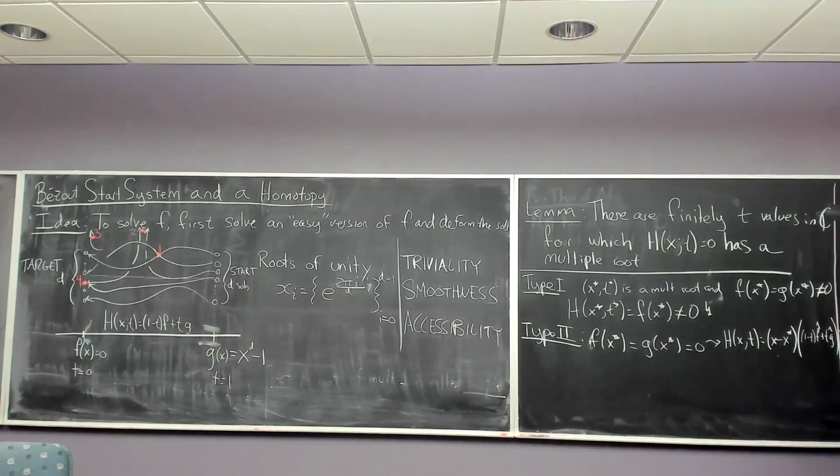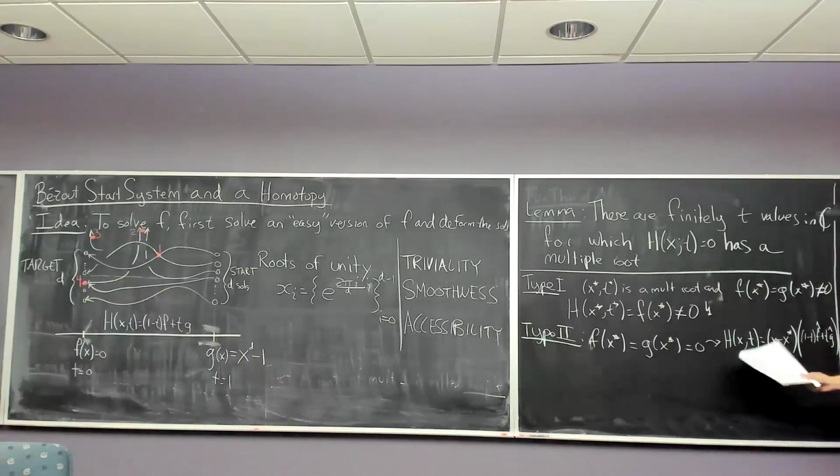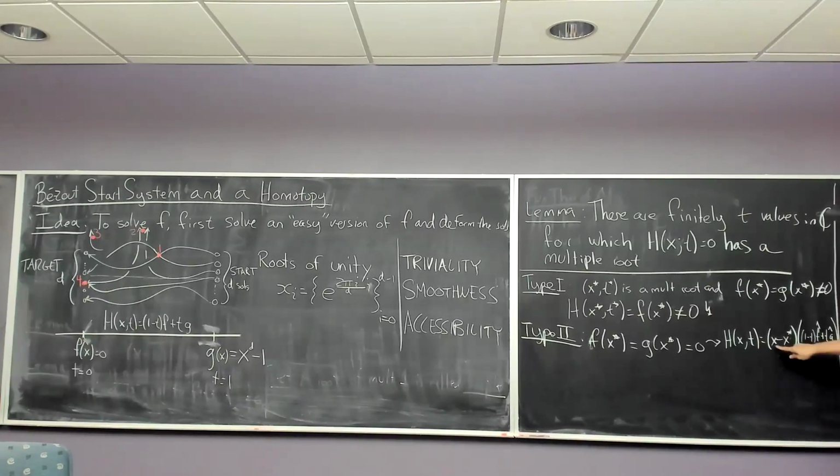Now we want to know, could this be a multiple root? So x star would be a multiple root here if it was also a root of this factor for some t. This is linear, so you can write down the t value which has x star as a root.